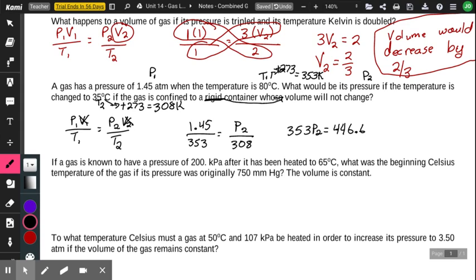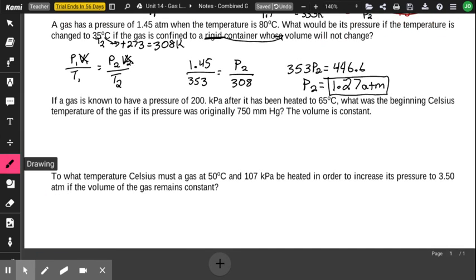Divide both sides by 353, and you'll find that your P2 equals 1.27 atmospheres. Now again, we didn't know our unit, but we did know that our initial pressure was in atmospheres, so we're going to keep it in atmospheres. So it's 1.27 atmospheres. So that would be my answer.